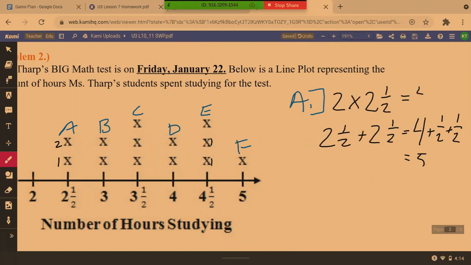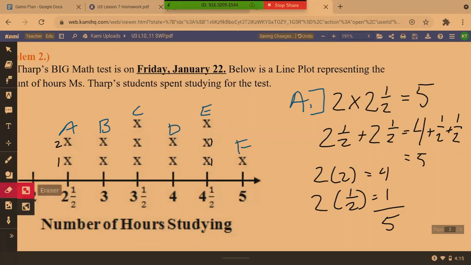Or we could do 2 times 2, and then 2 times 1/2. So there are many ways that we can solve for that.